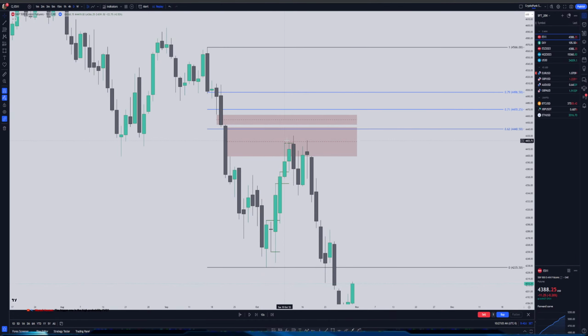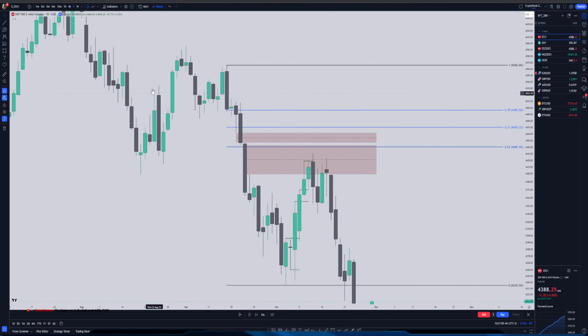But why price came to this area, you have to look on the left, like why price respected this. Yes, it could have gone to that, I cannot guarantee you that, but I don't need to consider the fair value gaps in that way, that the bigger one is the high probability or the smaller one.